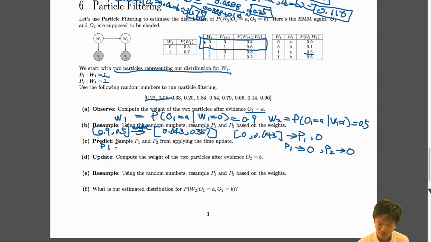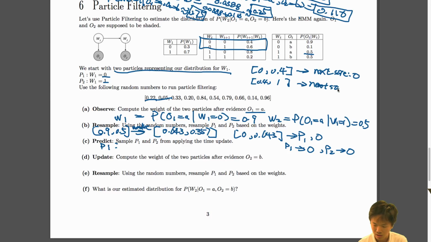Any number between 0 and 0.4 means that the next state is going to be 0, and from 0.4 to 1 means that the next state is going to be 1.